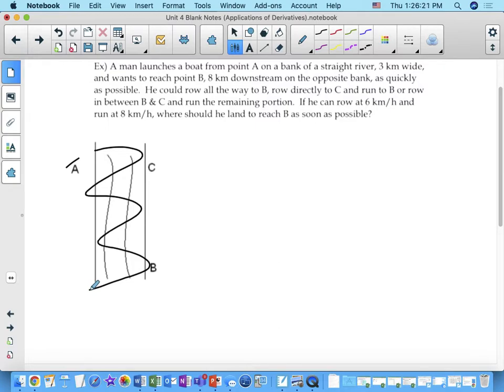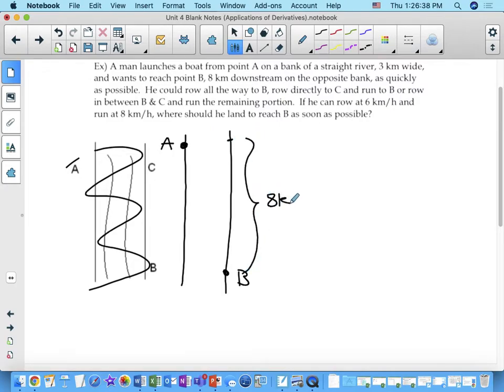He's over here at point A. Point B is down here, and this is 8 kilometers. Oh, and then the river's 3 kilometers wide. We missed that as well.